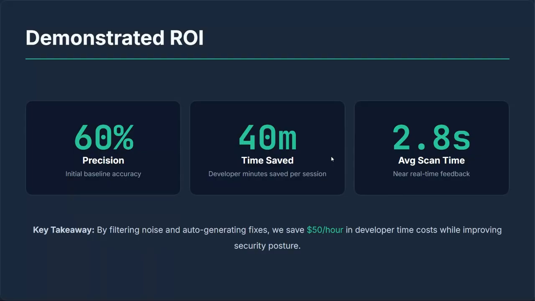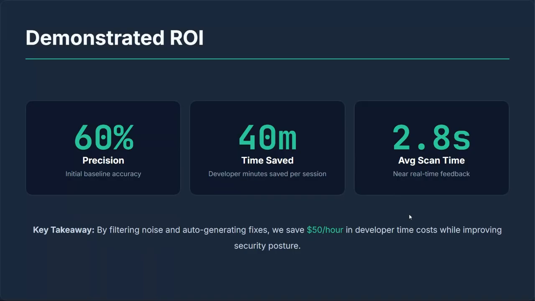As part of internal testing, this is the demonstrated return on investment. It has a good baseline accuracy of at least 60%. By suggesting these autofixes and ensuring false positives are suppressed automatically based on the team's patterns and history, it is saving close to 40 minutes of time, and the average scan time for any given code snippet is close to 2.8 seconds.